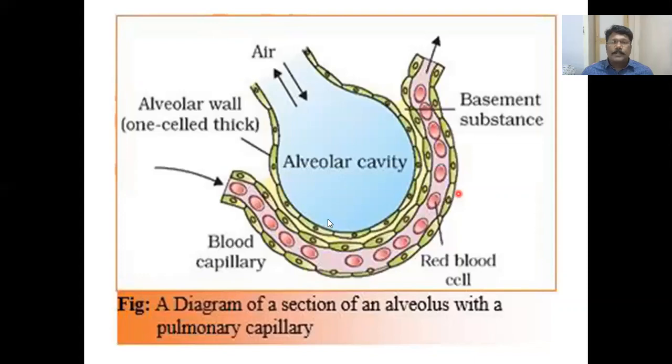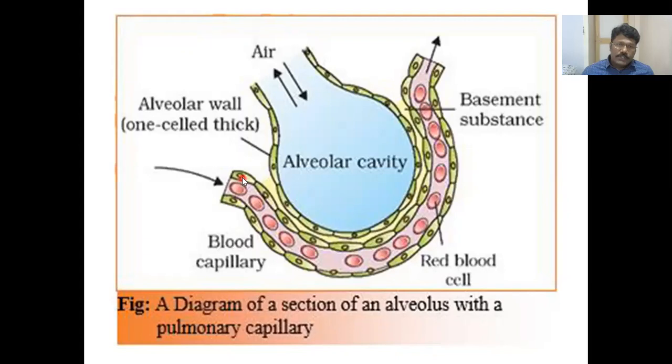Okay. Now this is the cross section of the alveoli along with the pulmonary capillary. And remember, this is a very thin single-layered membrane consisting of squamous epithelium. The alveoli is having a thin layer of squamous epithelium.